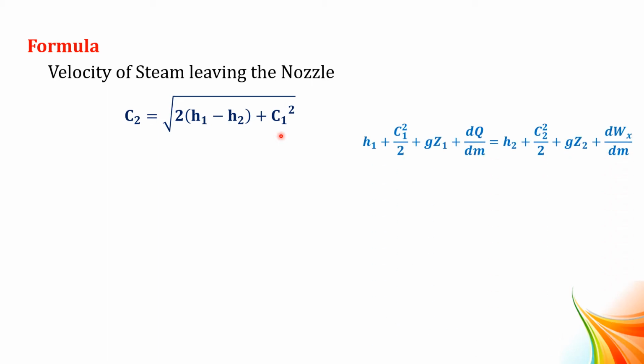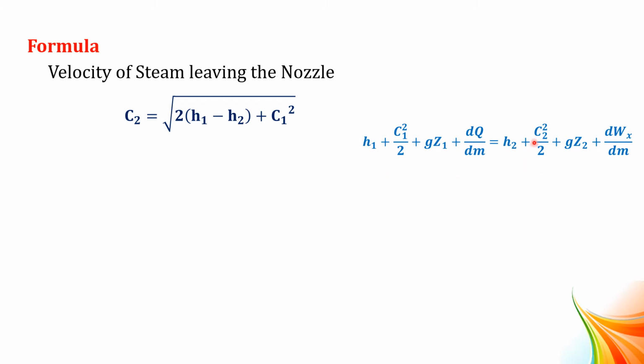This equation can be obtained from the steady flow energy equation: H1 plus C1 square by 2 plus gZ1 plus dQ by dm equal to H2 plus C2 square by 2 plus gZ2 plus dWx by dm.